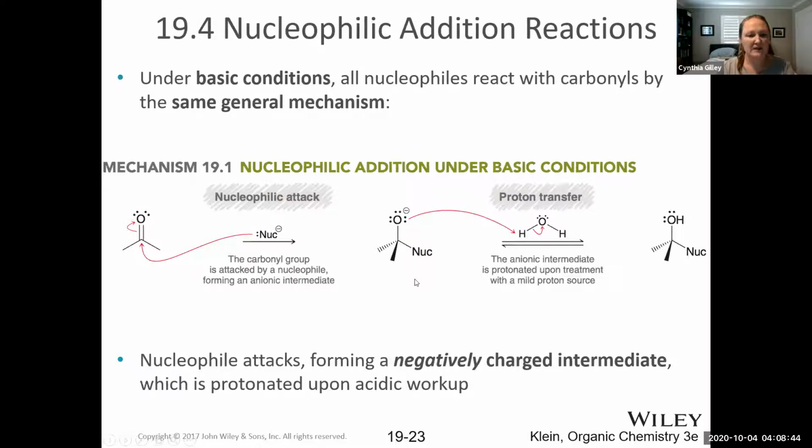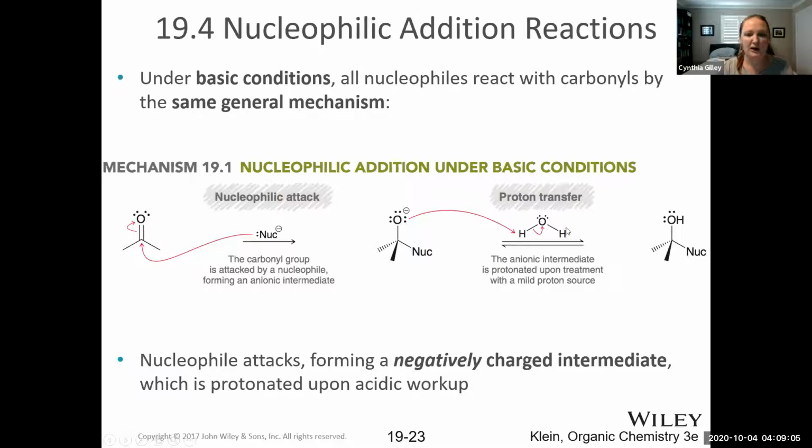When that happens, we get the tetrahedral intermediate because it goes from trigonal planar to tetrahedral. That's one way of describing this intermediate. The intermediate has a basic oxygen with a negative charge. This is going to need to be neutralized before we can isolate the product.